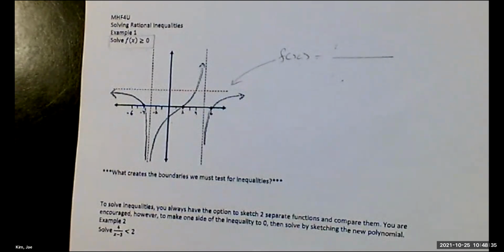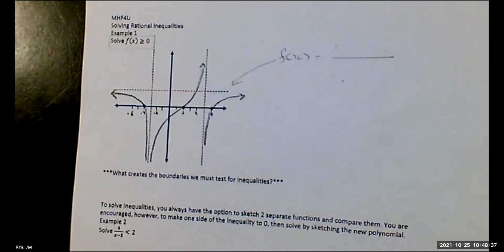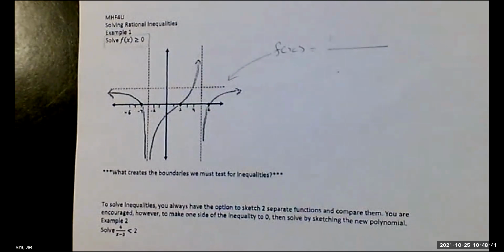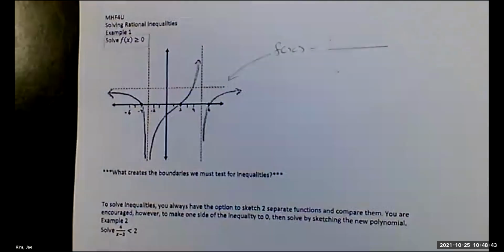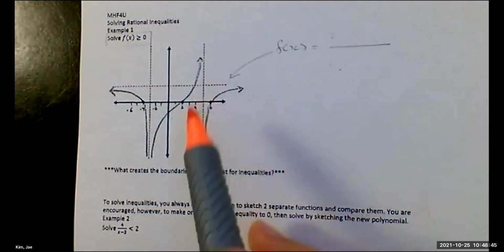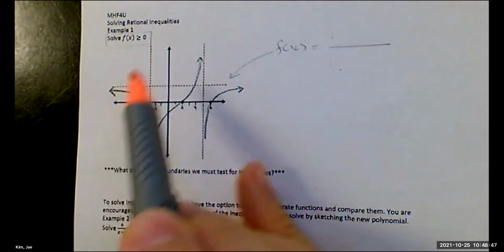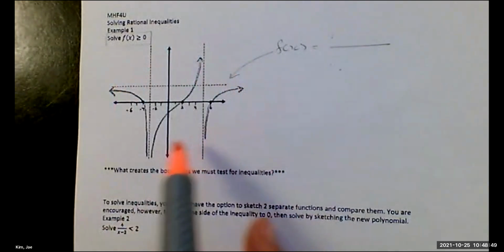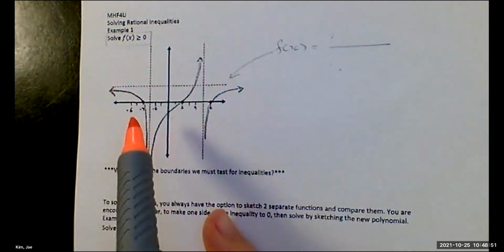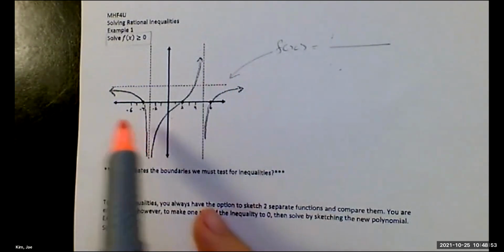Go ahead, Yusuf. Well, just describe it in your own words. Okay, so f of x, so running from negative infinity to, yep.